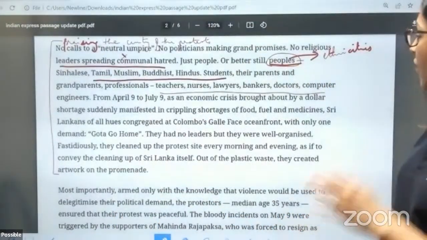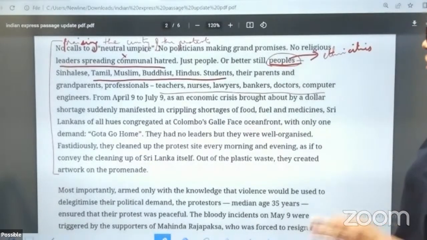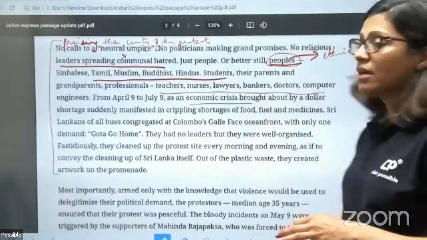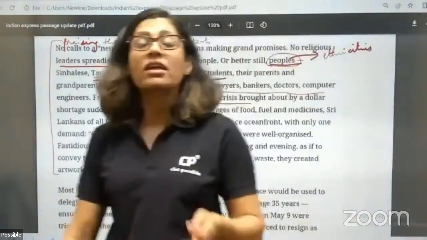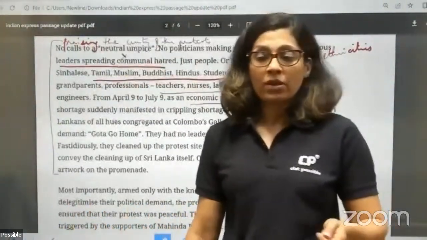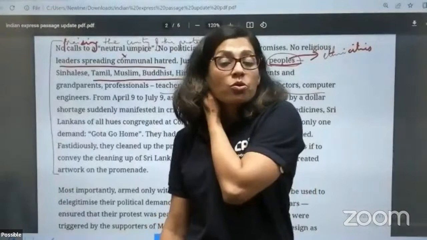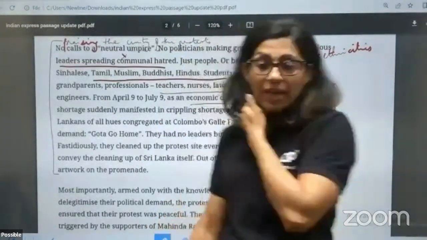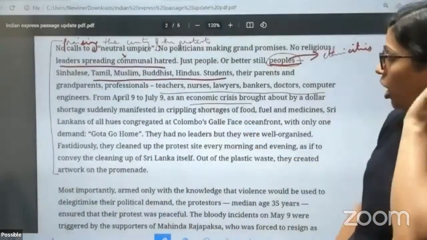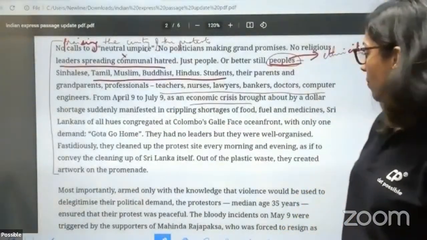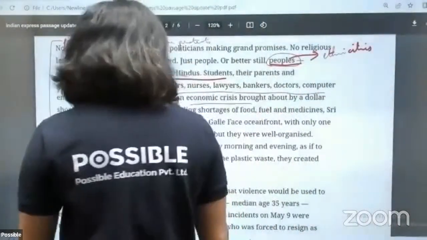And everyone was brought together because of the economic crisis. I hope you have been reading about the Lankan economic crisis. It's something which is in the news these days, and of course it is tragic, but it has brought all the leaders together.